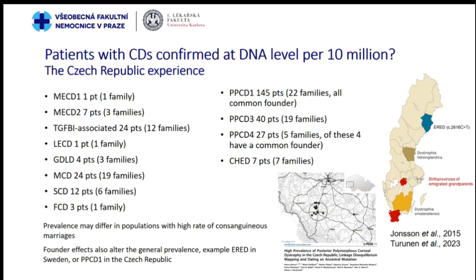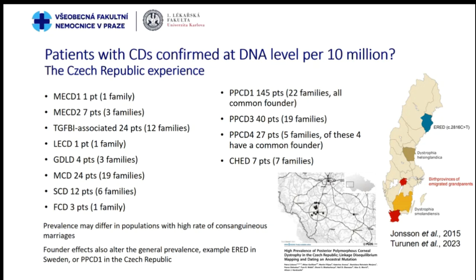As for the rare dystrophies, we had 4 families with Meesmann corneal dystrophy, 3 families with gelatinous drop-like dystrophy, 19 families with macular corneal dystrophy, which is actually the second most common, 6 families with Schnyder, 1 family with fleck corneal dystrophy, and 7 families with congenital hereditary endothelial dystrophy. So they are all rare, but you can definitely find them.